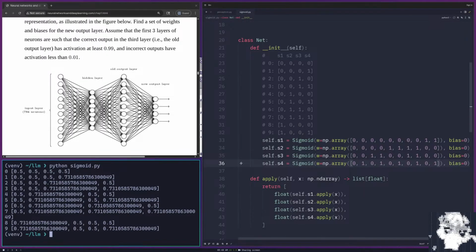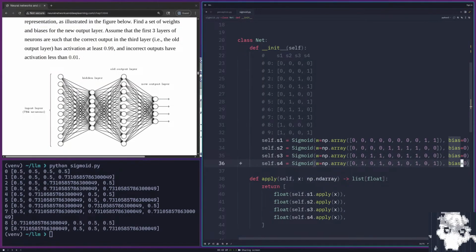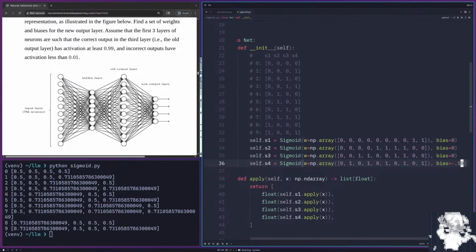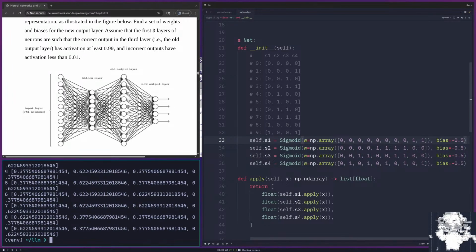So we're getting 0.5 on all of the ones that I want to be 0, I think. So can I add a bias of negative 0.5? Is that what would make sense? That didn't go all the way.